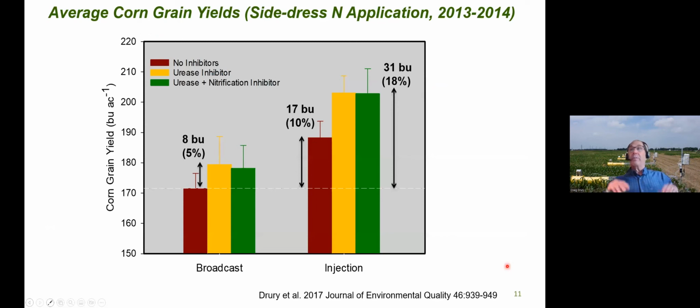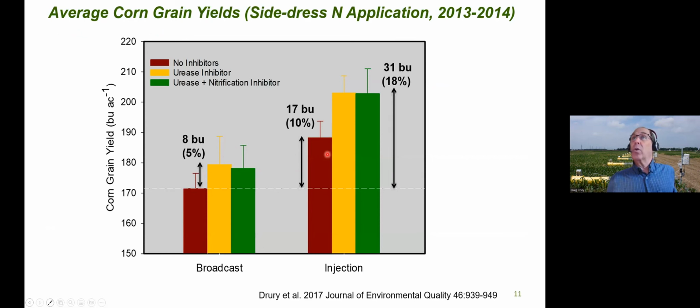I'll give you some other examples, but in this particular 2-year study, the broadcast treatments averaged about 172 bushels per acre. We had an 8 bushel or 5% increase when we added the inhibitors with the broadcast urea, whether urease or a urease and nitrification inhibitor.